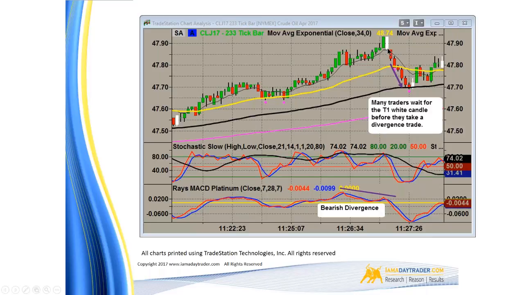Once that T1 candle appears, that is basically setting us up to enter a short trade based upon a divergence.